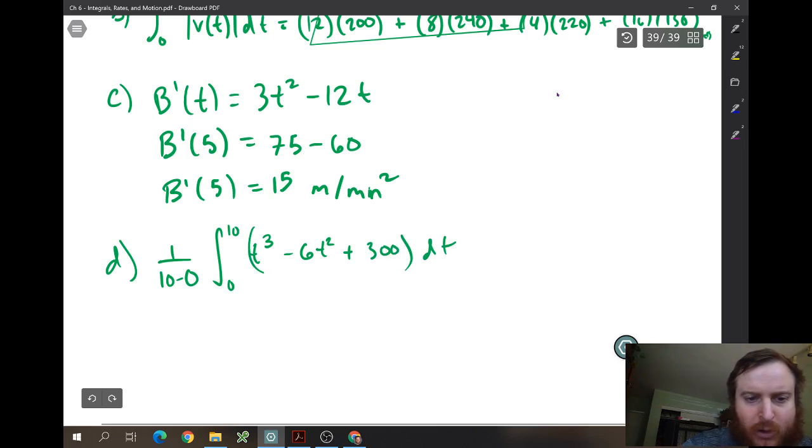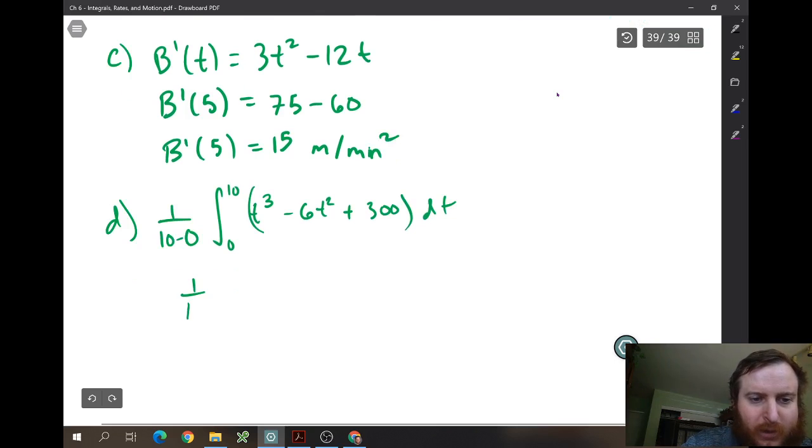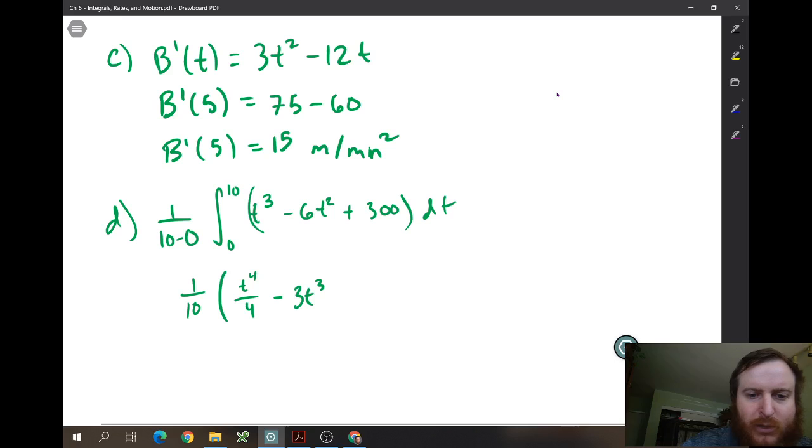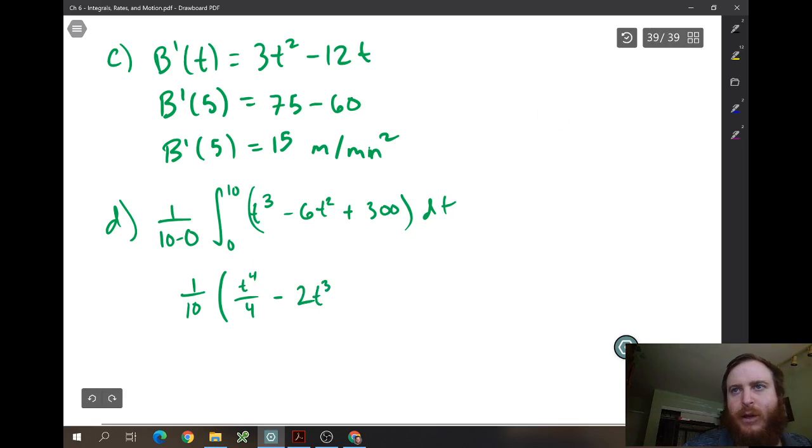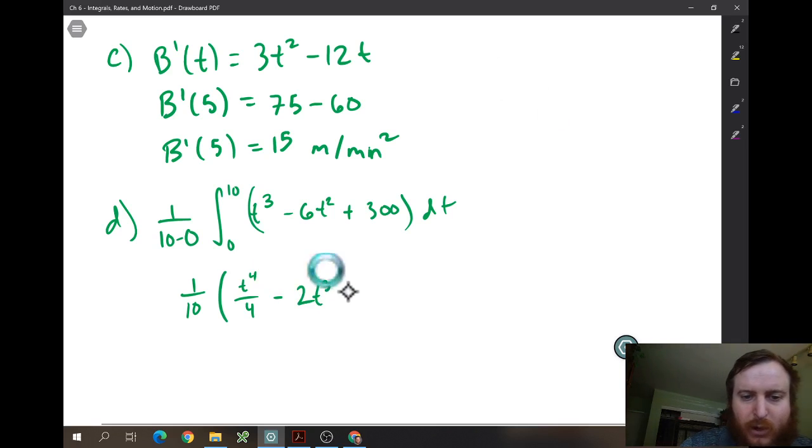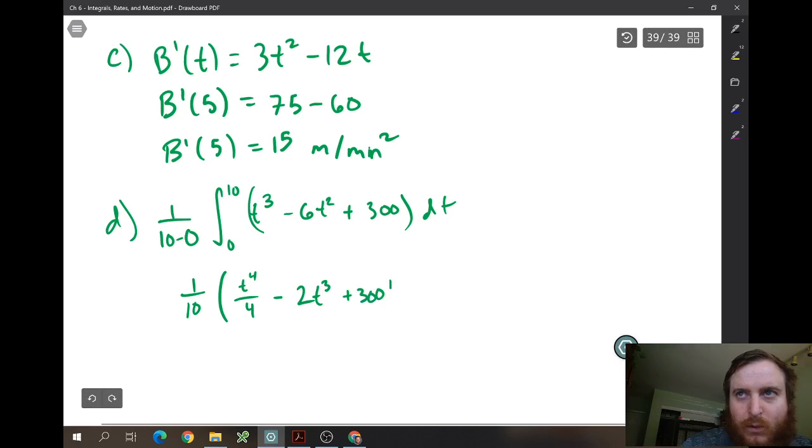And this is just an integral that we can do by hand. So 1/10 times t to the 4th over 4 minus 6t squared over 2... right, 6t cubed over 3, that's my fault, will be 2t cubed. And then the integral of 300 will be plus 300t. And we're going from 0 to 10.